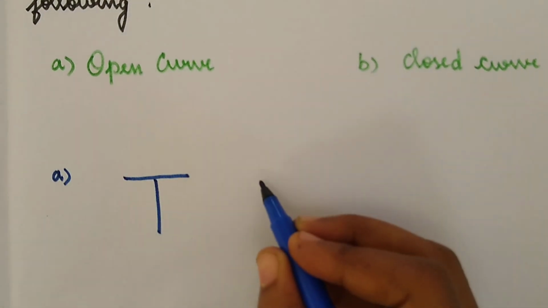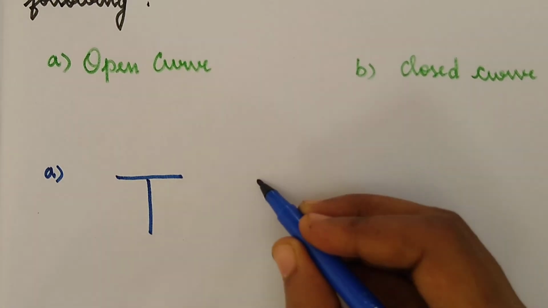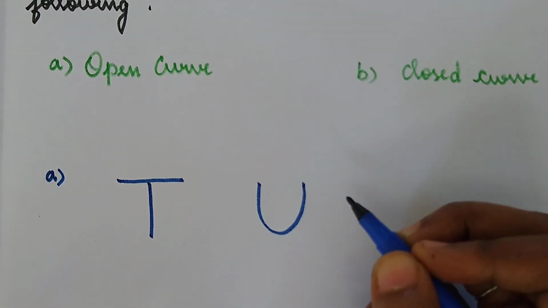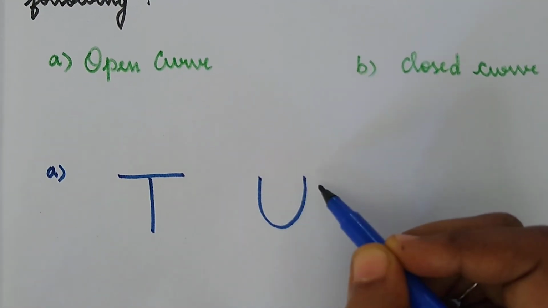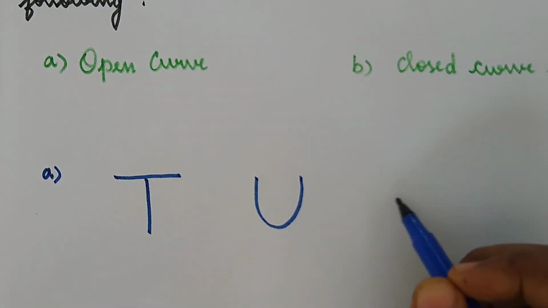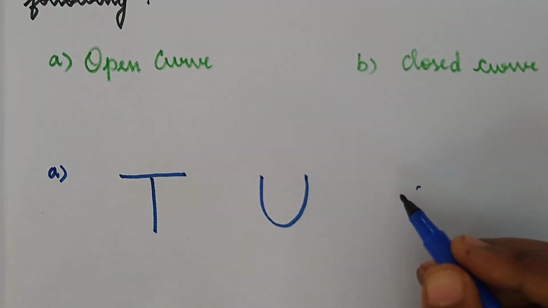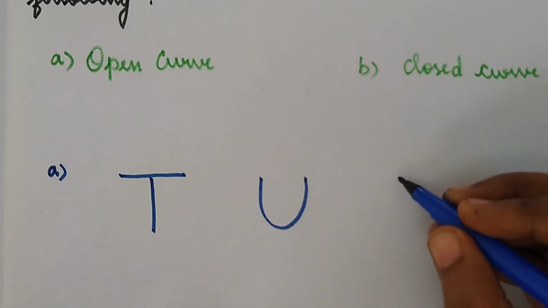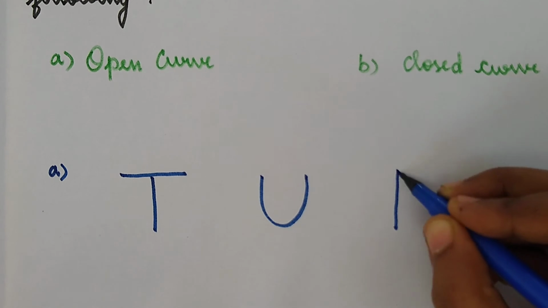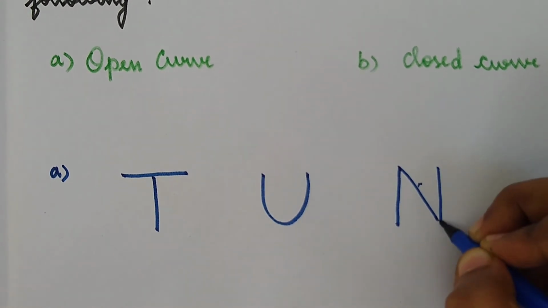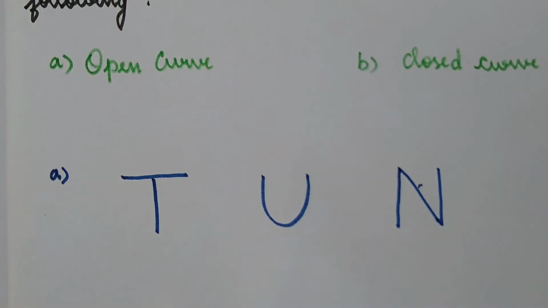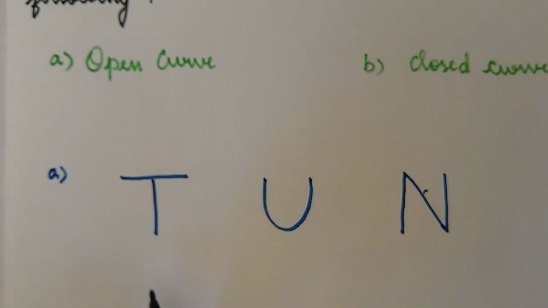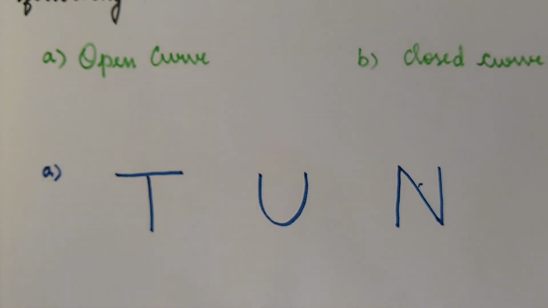Next let us take U. U is also an open curve because it's not a closed figure. Then N. N is also a non-closed curve. These three are open figures.